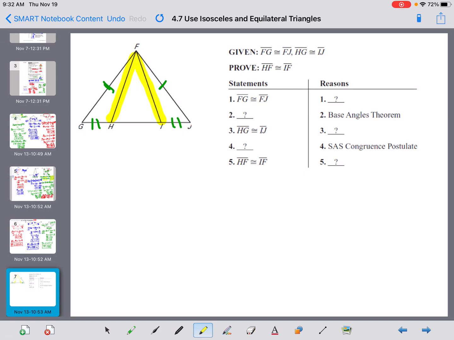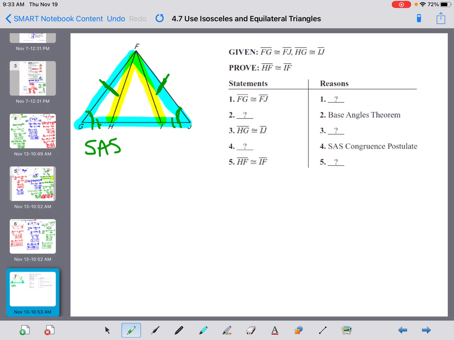If we look at this big triangle, okay, look at the big triangle right here. If we just marked that their legs right here are congruent, what else are congruent? Angles, right? So on those little triangles now on the side that have the yellow lines, we have a side angle side, okay? So we can use side angle side to prove the triangles, and then think back from last section, corresponding parts of congruent triangles are congruent. We can now prove those other sides, right?